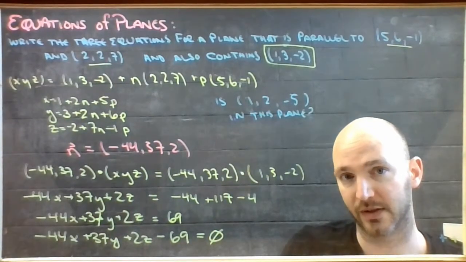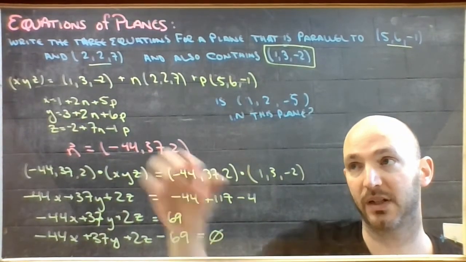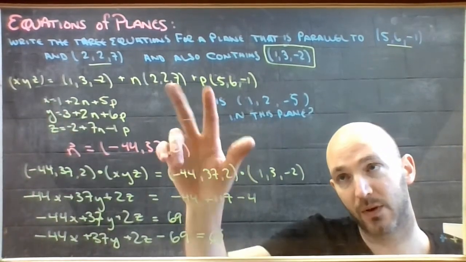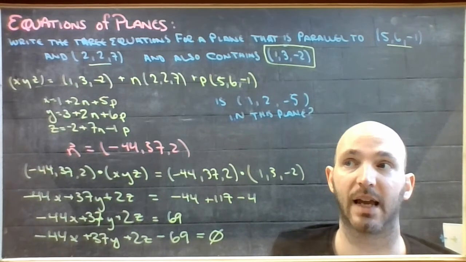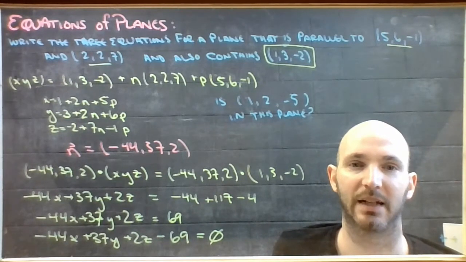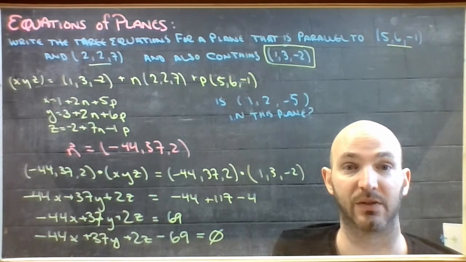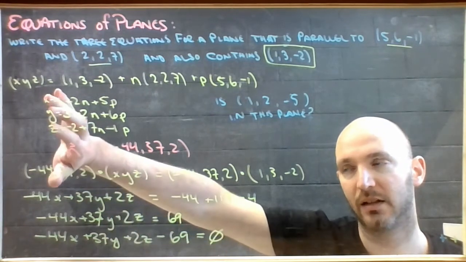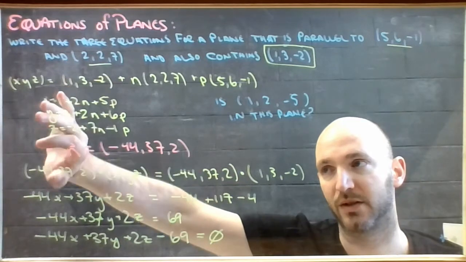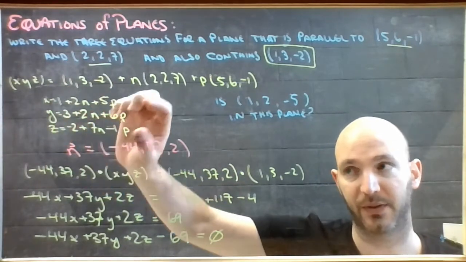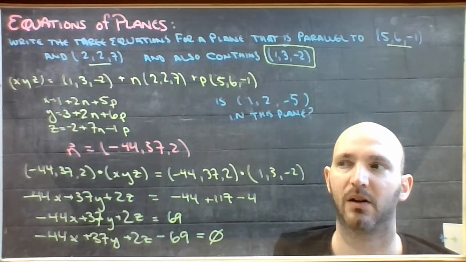Well, I have some equations, right? I could put that in. I could put it in this one, 1, 2, negative 5. And then I would be able to solve the coordinates n and p for where that is located. I don't have enough information. Here, I could put 1, 2, and negative 5. I have 3 equations with 2 variables, so I have enough information to try and work it out there.